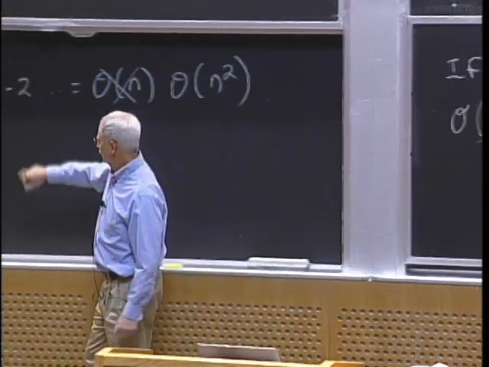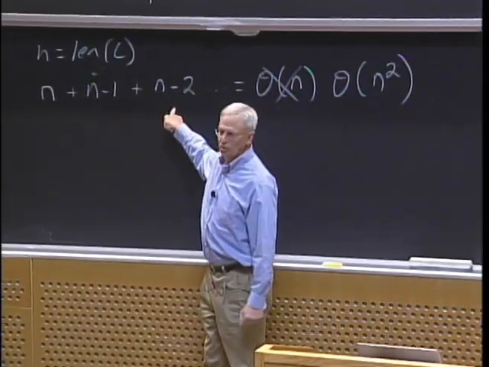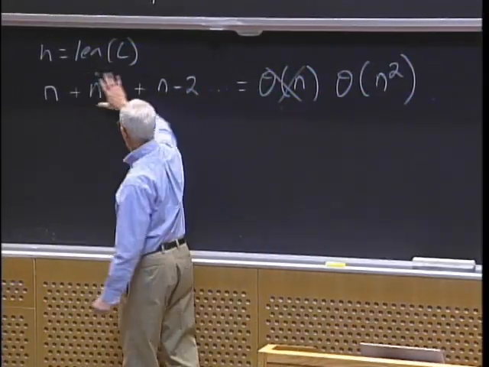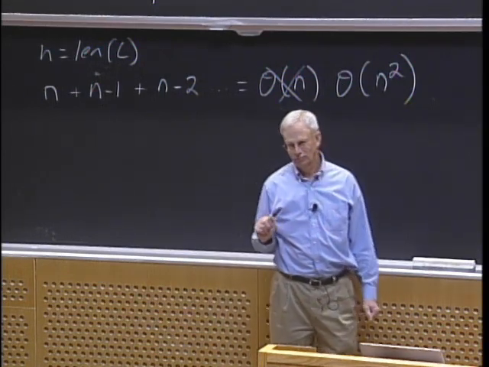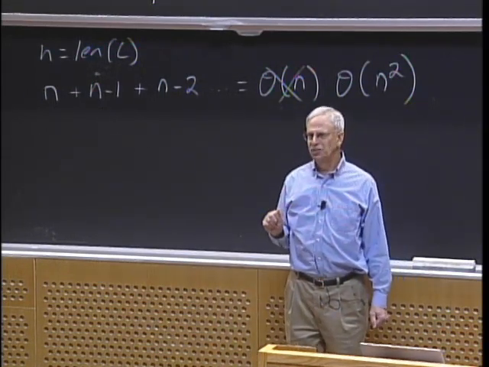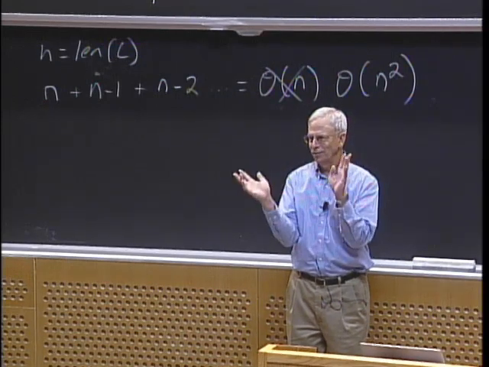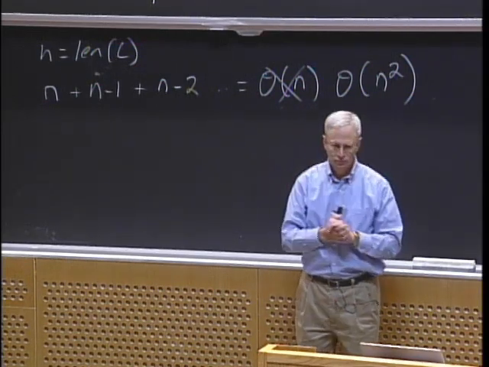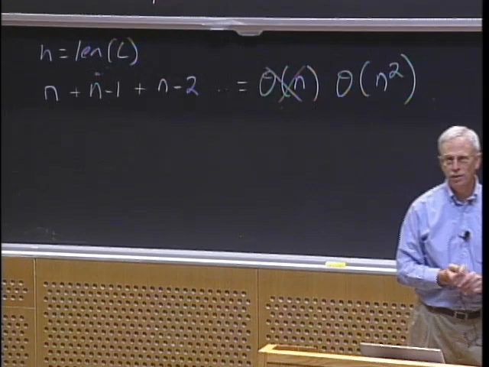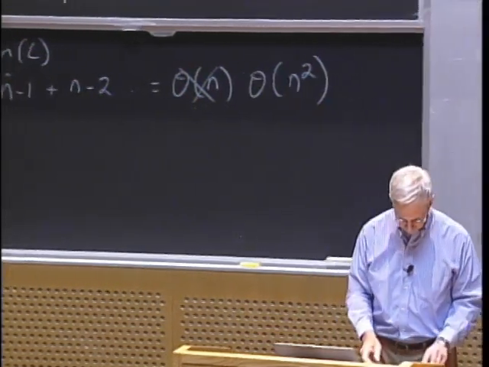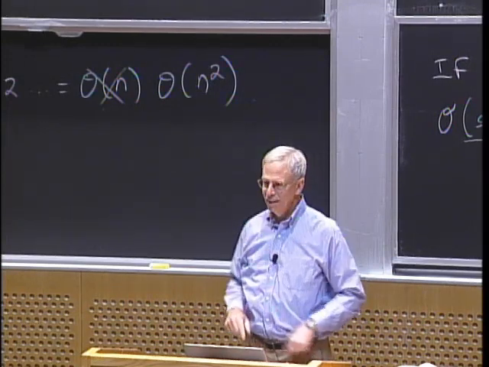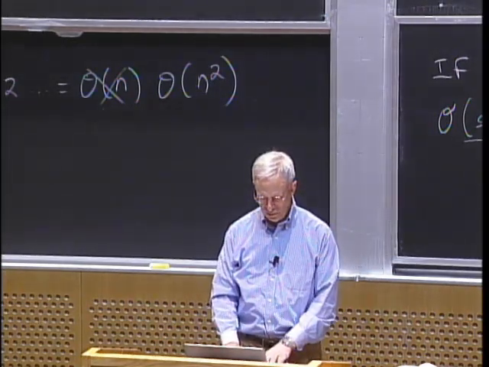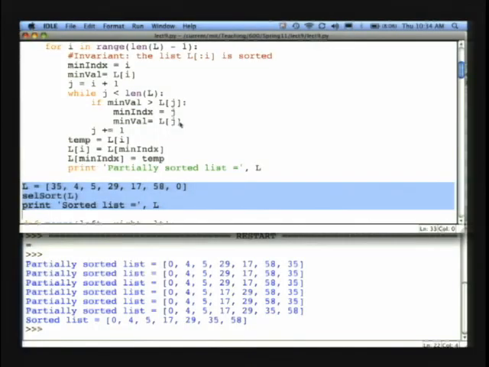I'm doing a lot of these additions, so I can't ignore all of these extra terms and say they don't matter. It's almost as bad as comparing every element to every other element. All right, so selection sort is order n squared. And you can do it by understanding that sum, or you can look at the code here. And that sort of will also tip you off, right?